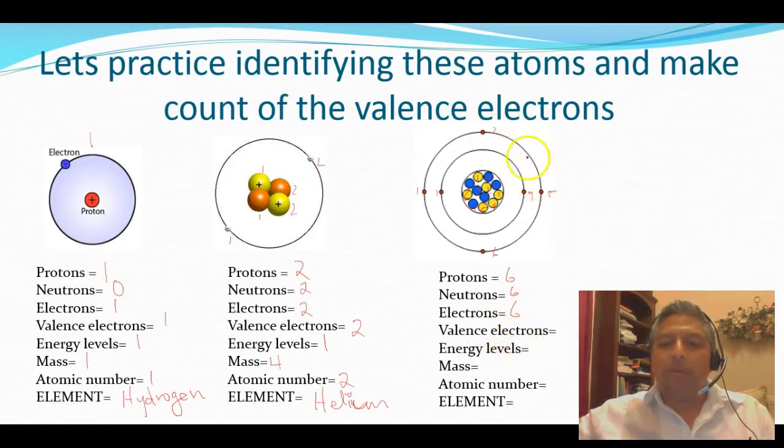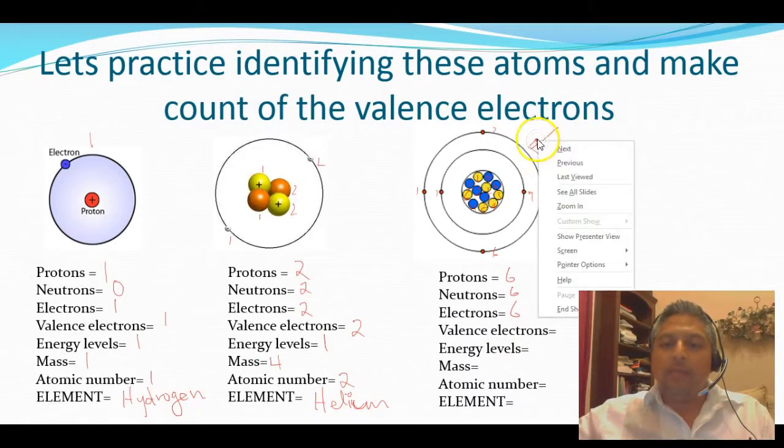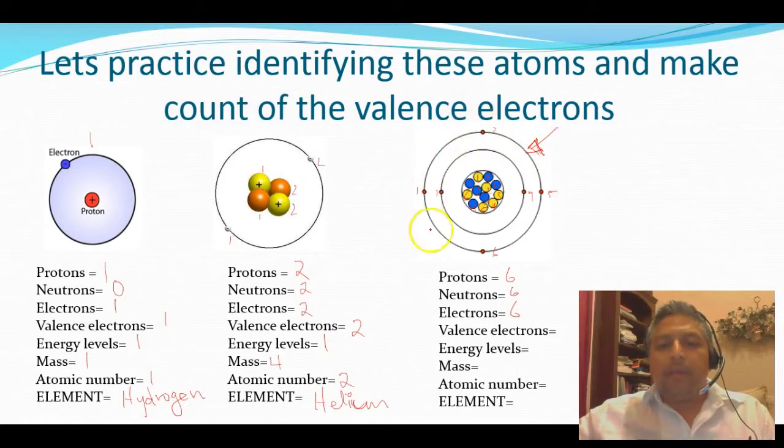Valence electrons, remember, those are the electrons on the outer shell. So this will be the outer shell, this one on the outside. So therefore we got 1, 2, 3, and 4. Valence electrons, we have 4. Energy levels, we got 2. This will be 1 and 2.